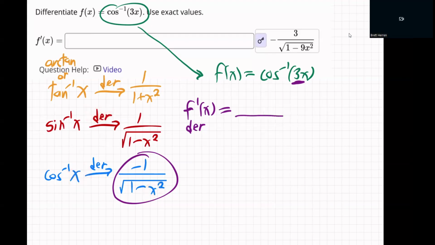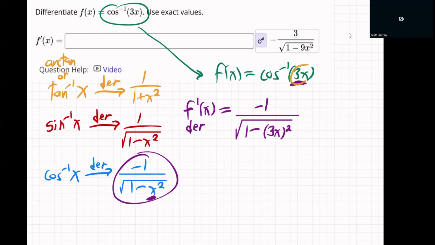Following that rule, the derivative will be minus 1 over the square root of 1 minus, and then this will be 3x, the whole thing squared, just like it's x squared, but it's 3x, the whole thing squared. But hold on, that's not the whole answer. Why not?